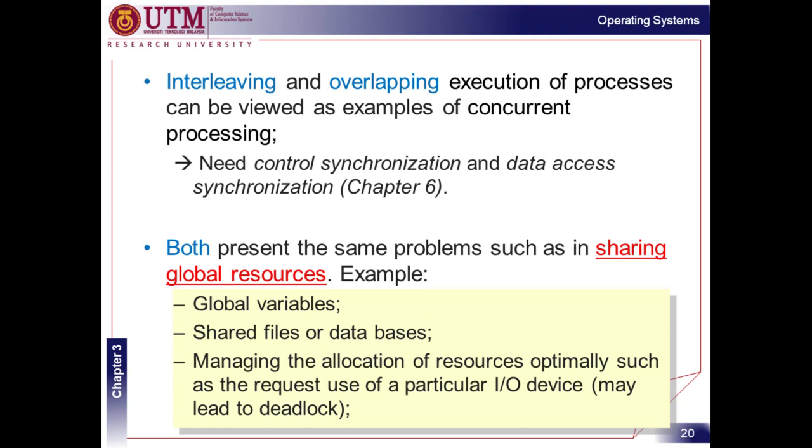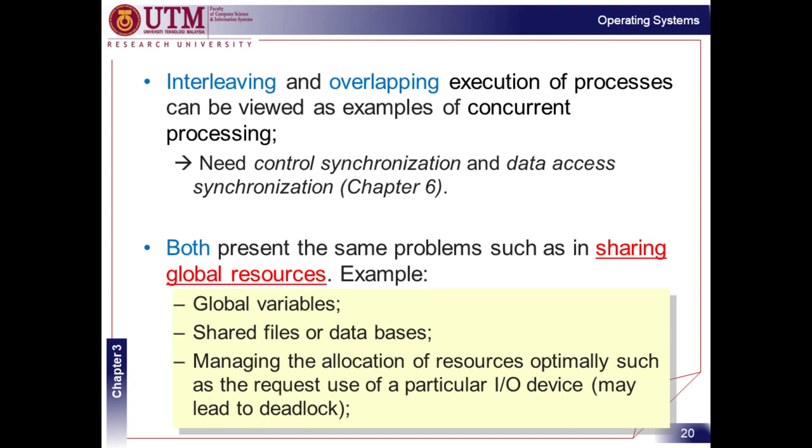Another challenge is how to deal with the sharing of global resources among concurrent processes. Global resources are those that are not local to a process, such as a global variable, shared files or databases, or I/O devices.